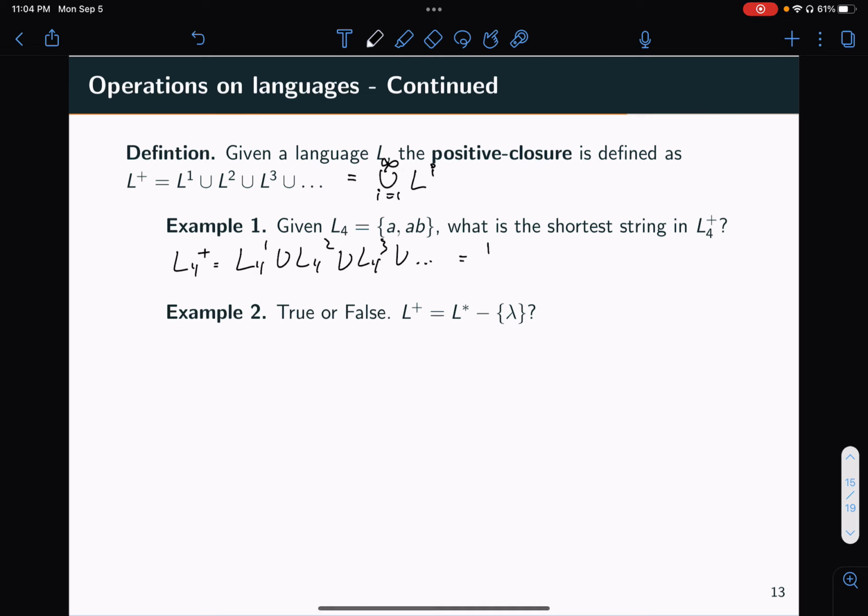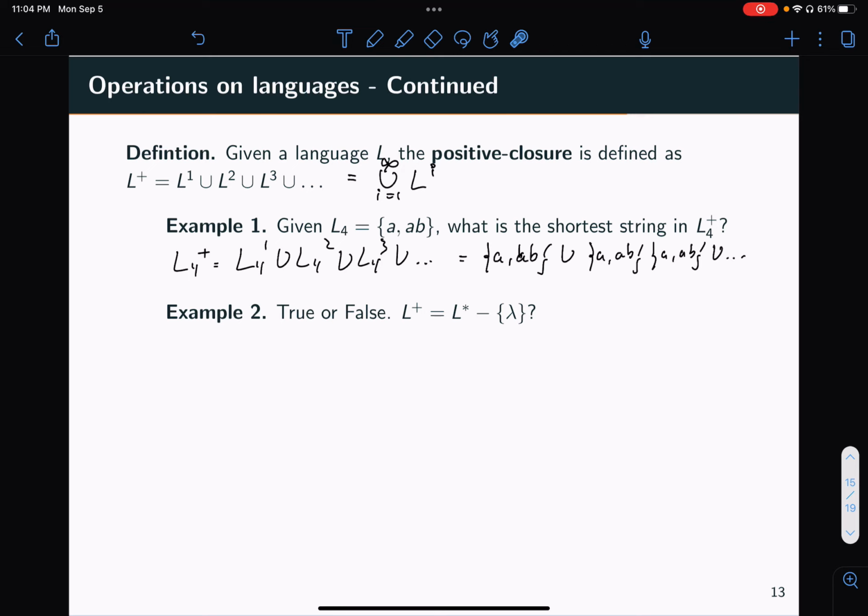So the shortest string, if I write these guys down, I have A, B, and so on. The shortest string is clearly going to be A, right? Because this is the language that contains the strings that are concatenated with nothing else.